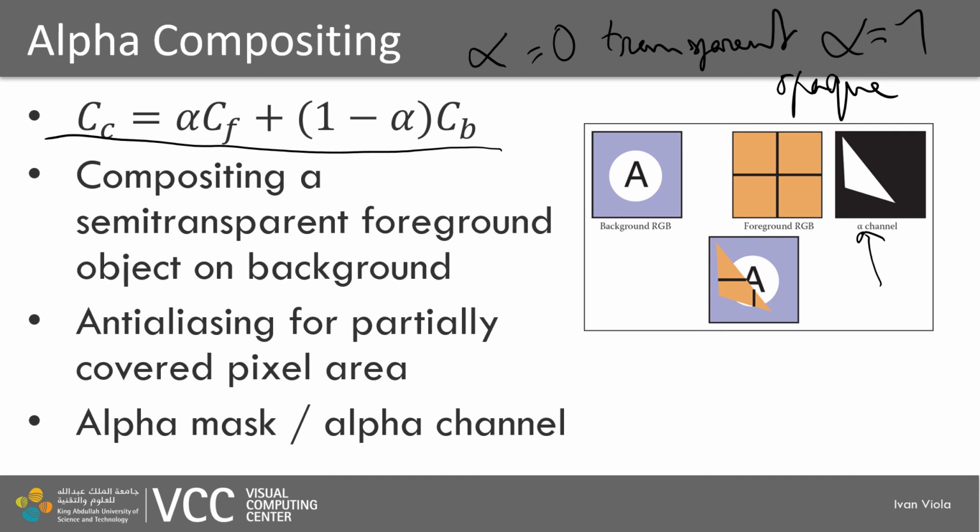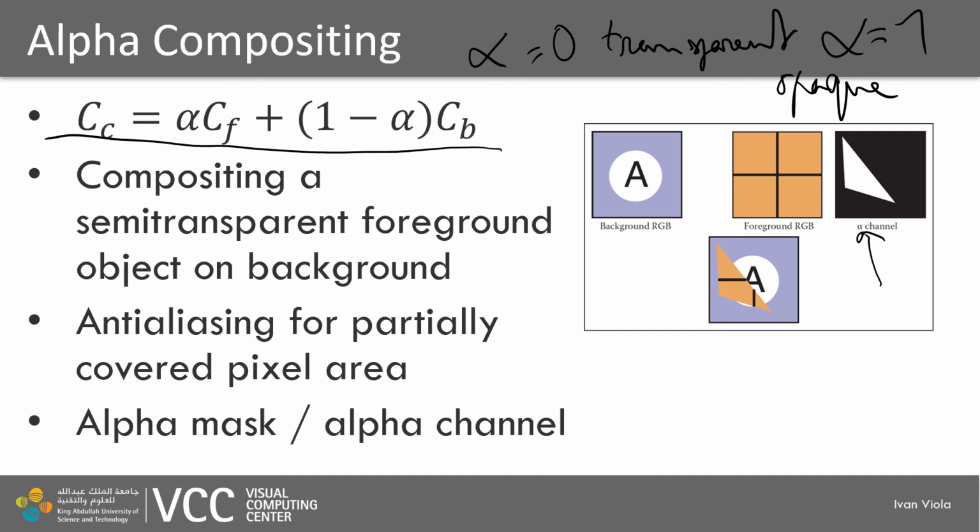We can also perform alpha compositing when we would like to have some graphics elements rasterized on a background without any aliasing effects.